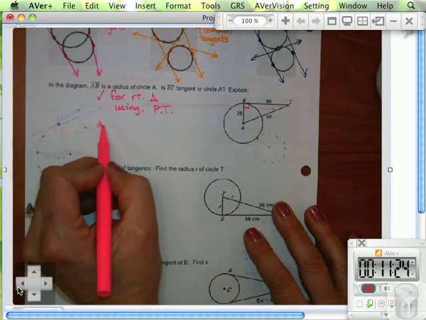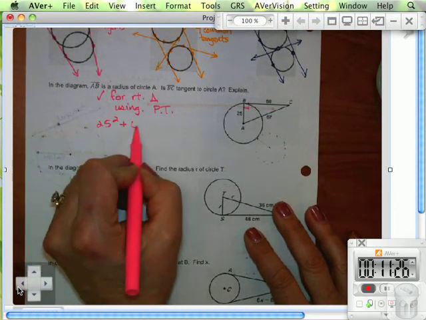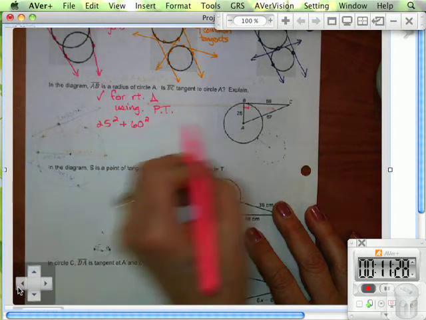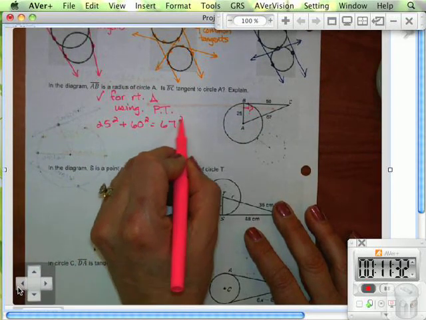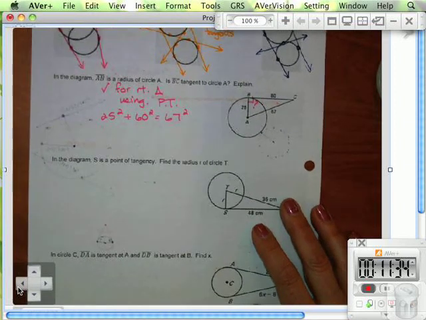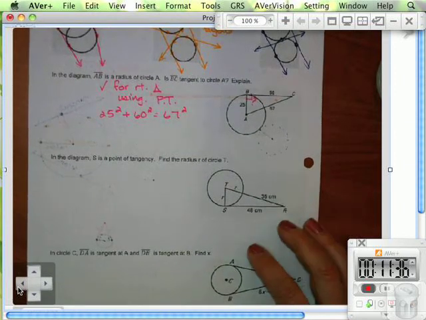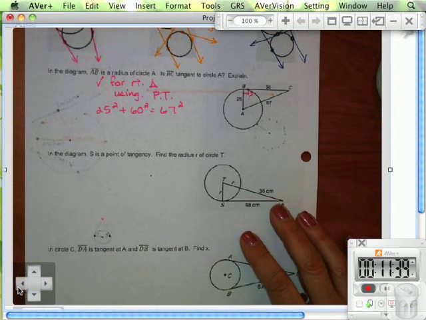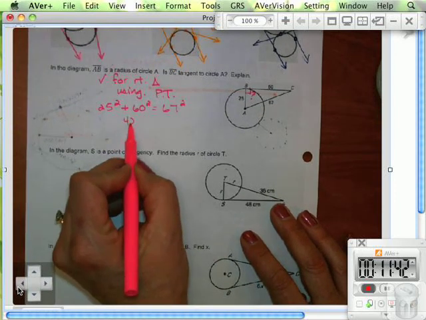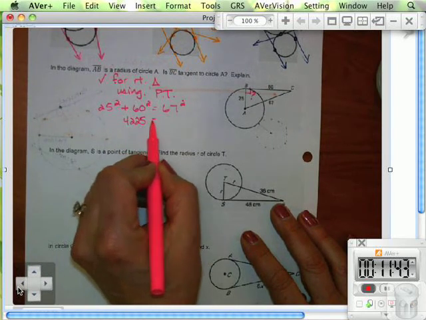So is 25 squared plus 60 squared, question mark, equal to 67 squared? I'm guessing yes, because it's an example. This, I believe, is 4225. I did this quickly.